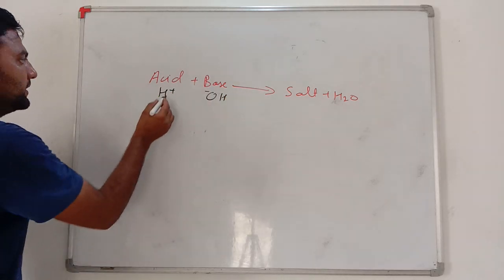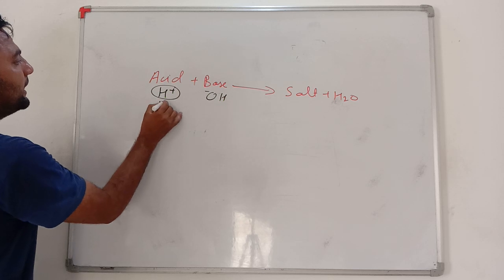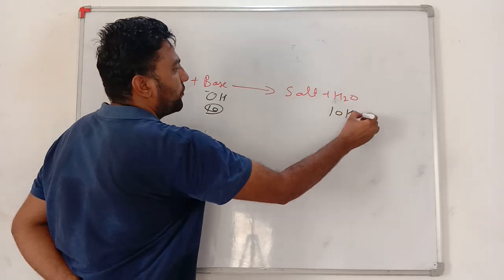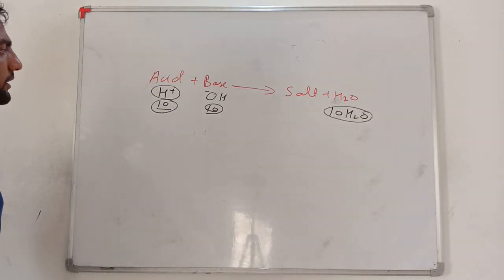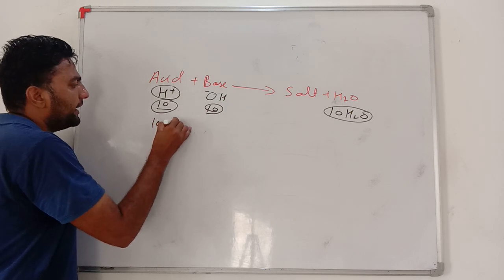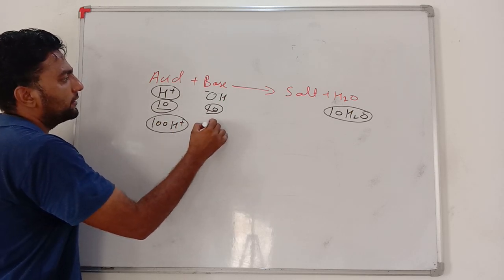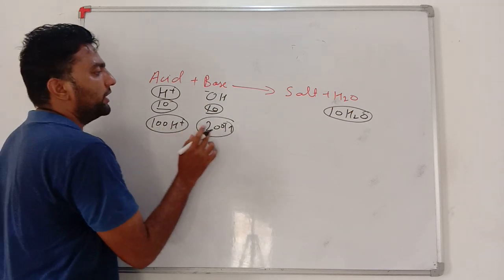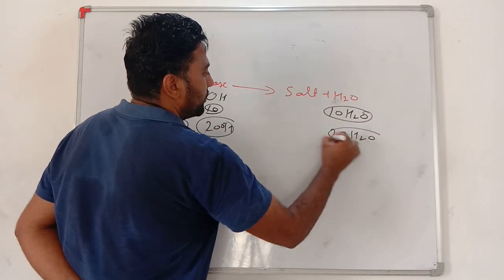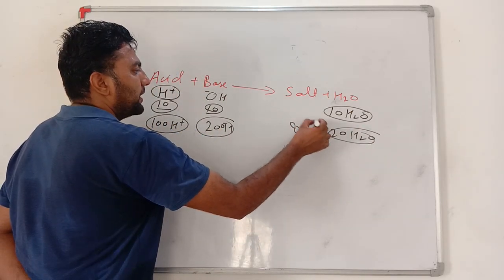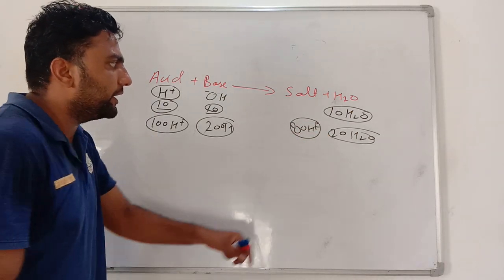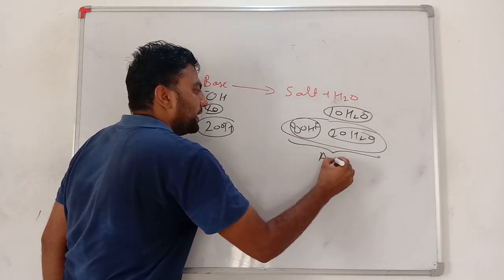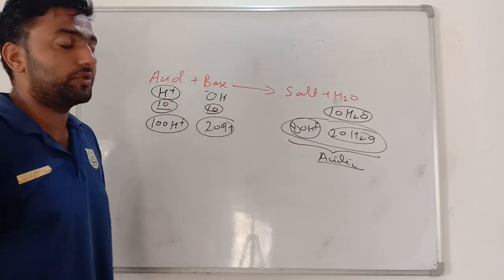If there are 10 H+ and 10 OH-, then we get 10 molecules of water, yes or no? If there are 100 H+ and we get 20 OH-, then these 20 OH- react with 20 H+ and we get 20 H2O, but still 80 H+ are left in the solution. So very important, in this solution free H+ ions are present. So at that time the result I am getting is an acidic salt or acidic solution.